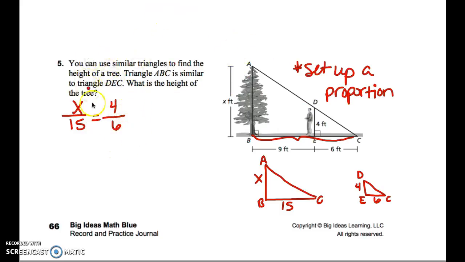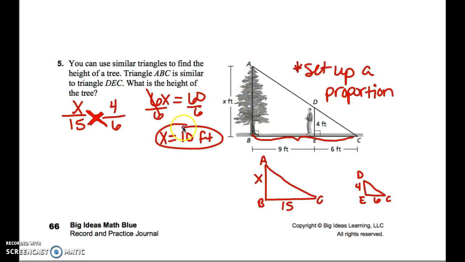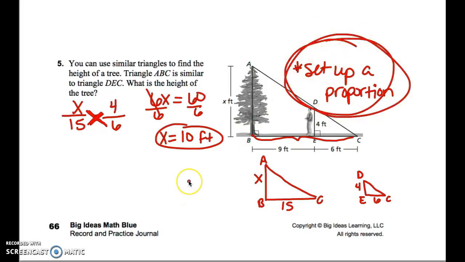Now to solve a proportion, you guys know we cross multiply, so x times 6 is 6x, and 15 times 4 is 60, and then we solve this. Divide by 6 on both sides, so x equals 10. So the height of that tree that we just found out is 10 feet. So we can use similar triangles to figure out a missing height just by setting up a proportion.